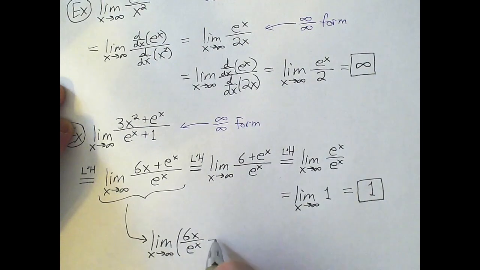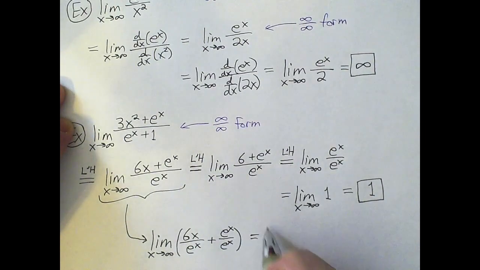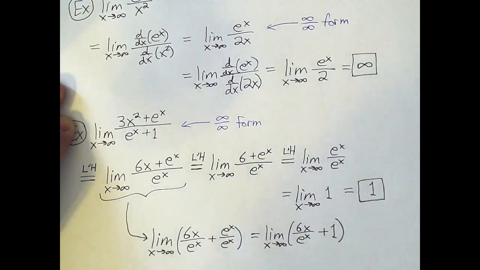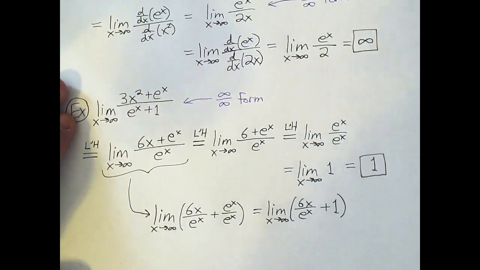So I split it up like this. The nice thing about doing that is you get this. You get kind of a 1, e to the x over e to the x.